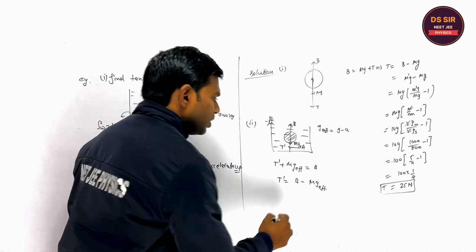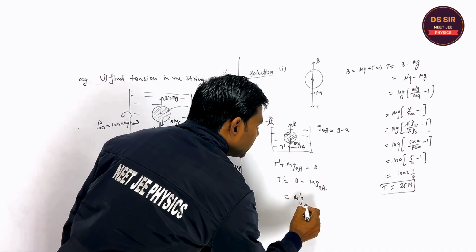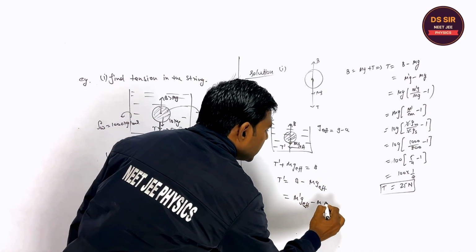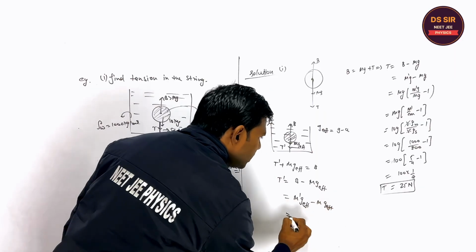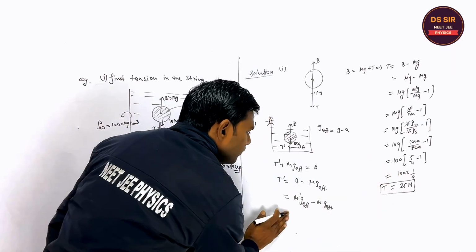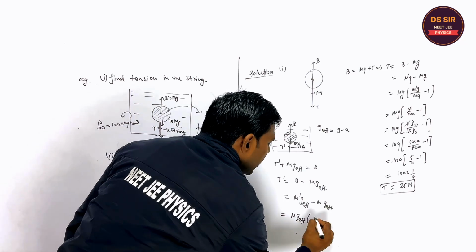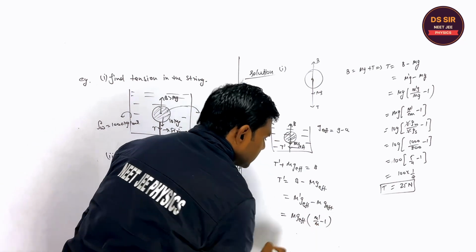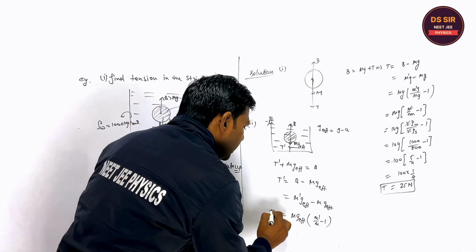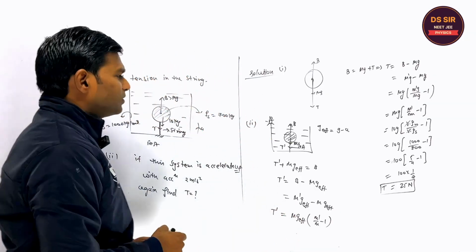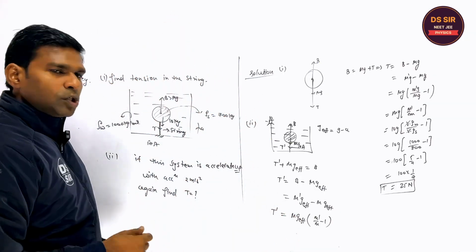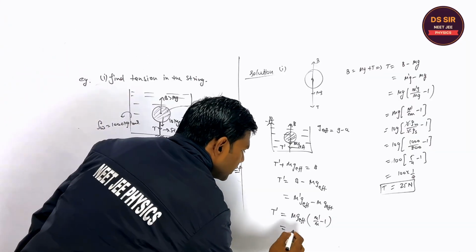Is it clear or not? What is the buoyancy force? It is m dash G effective, minus m into G effective. Everything will be the same, so mg effective times (m dash upon m minus 1). Only the G effective will change when it moves up, so the tension will be changed.